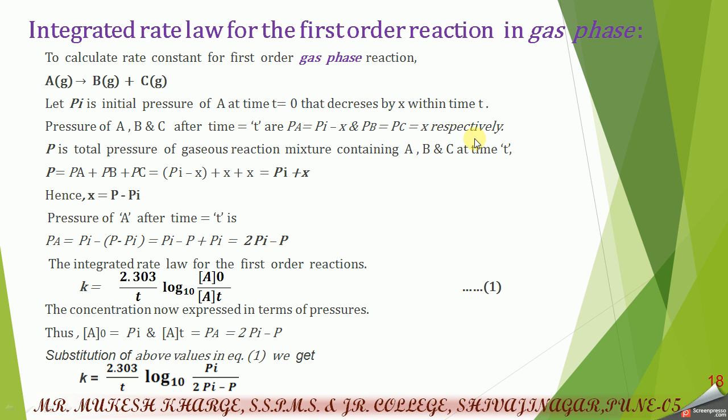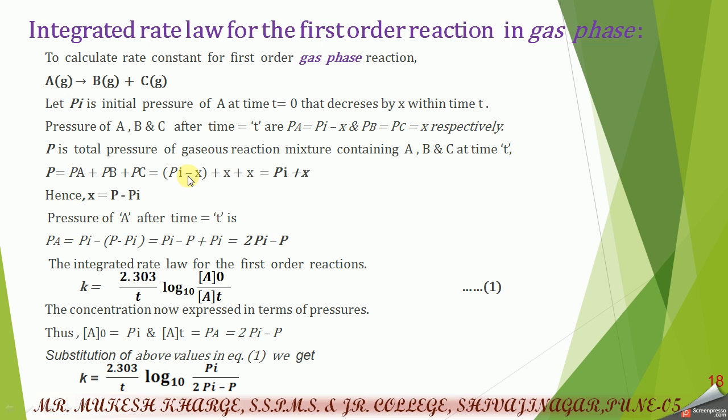Now with the help of these pressures of reactant and product, we can calculate the total pressure P of the gaseous mixture at time t. So P is equal to Pa plus Pb plus Pc, substituting the values: Pa is Pi minus x, Pb is x, and Pc is also x.